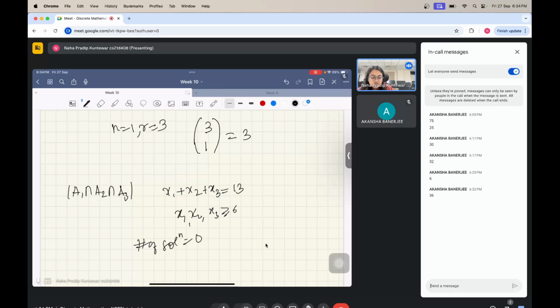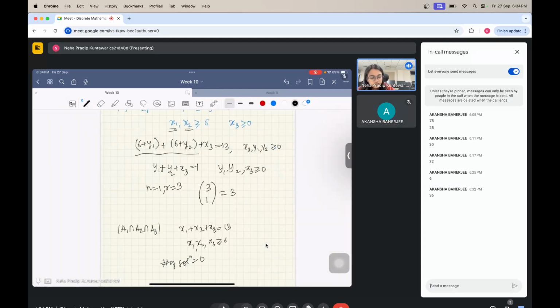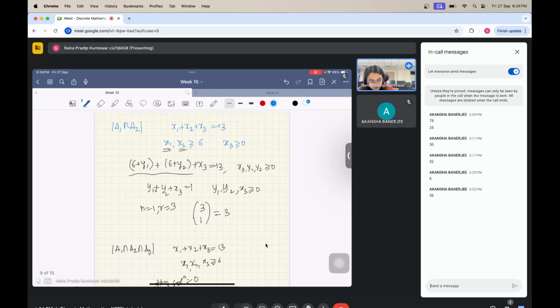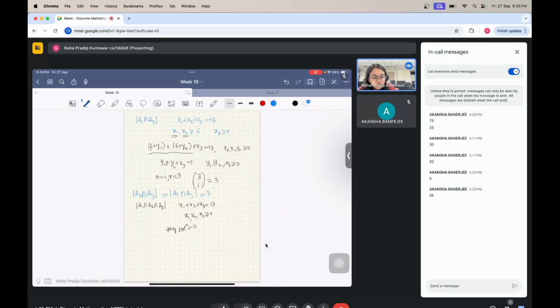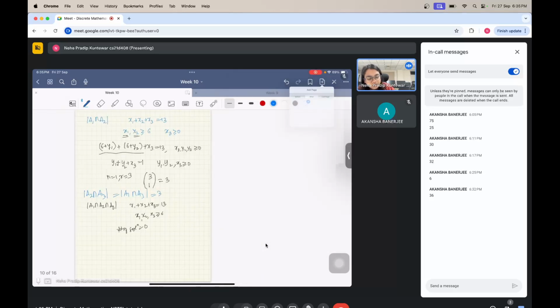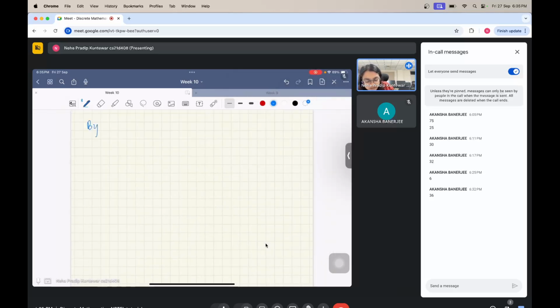And now we have all the values. I did not mention this here, but by symmetry a2 intersection a3 is same as a1 intersection a3, and this is same as 3. So now we will plug this into PIE.